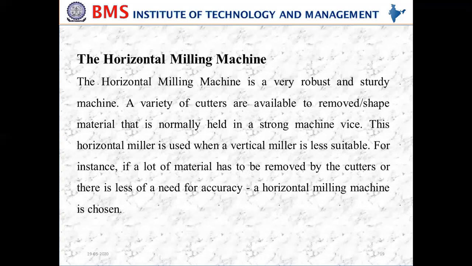A variety of cutters are available to remove the excess material. The horizontal milling cutter is used when a vertical miller is not suitable, for instance, if a lot of metal has to be removed by the cutter and there is less need of accuracy. So the horizontal milling machine is chosen in that case.